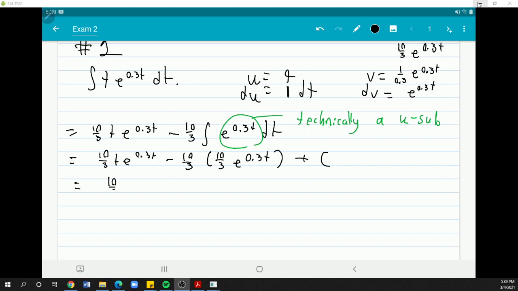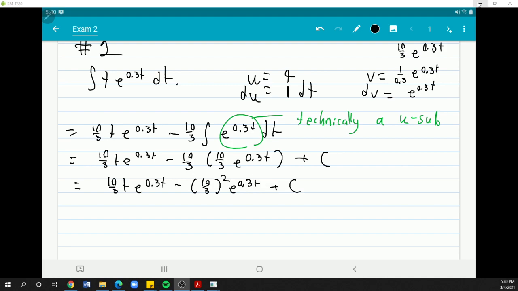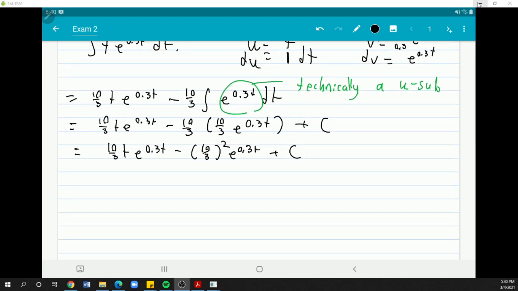And so we end up with 10/3 t e to the 0.3 t minus 10/3 squared e to the 0.3 t plus c. And maybe let's go ahead and factor just for the practice, although that top line would be fine. This would be 10/3 e to the 0.3 t times t minus 10/3 plus c.